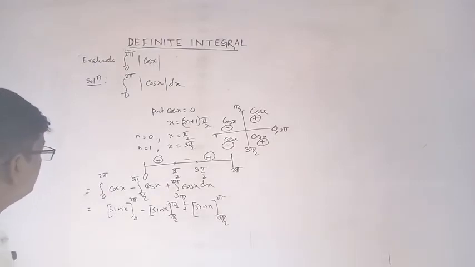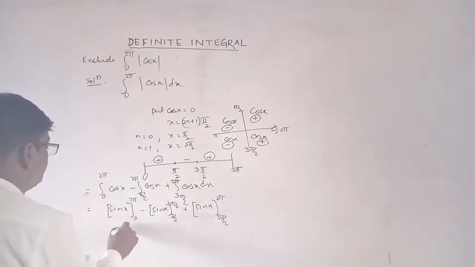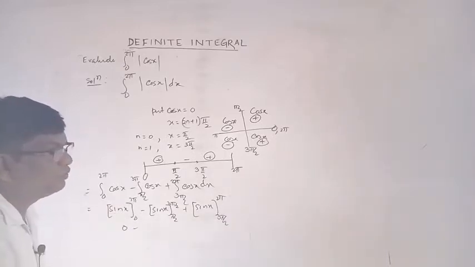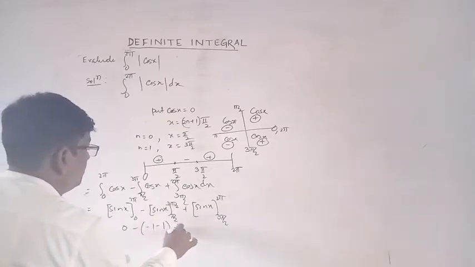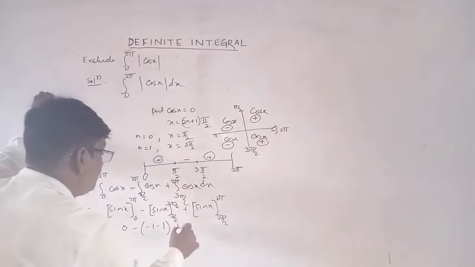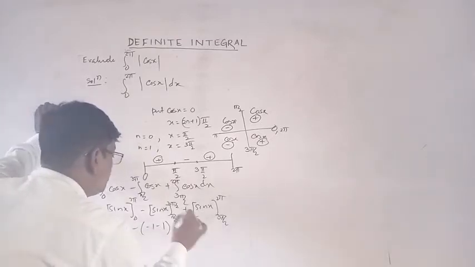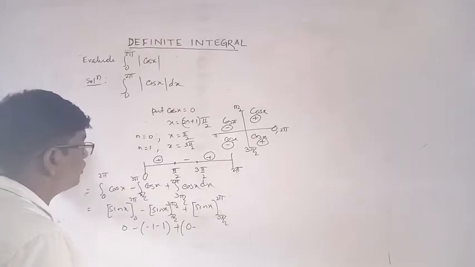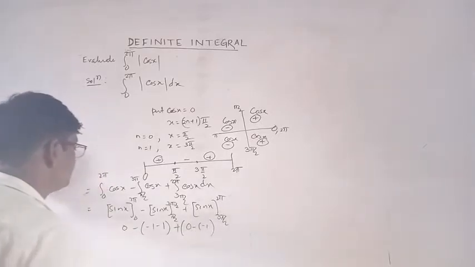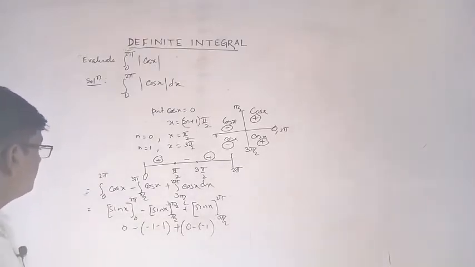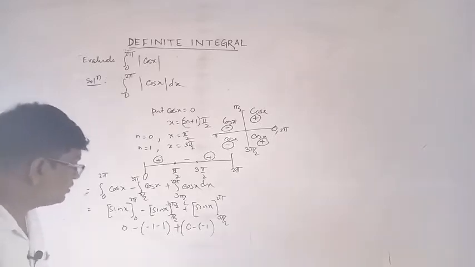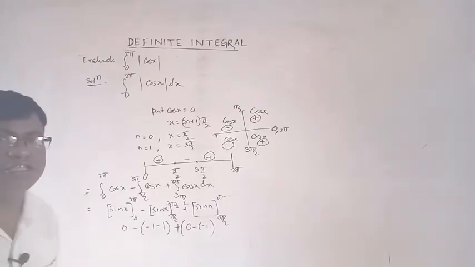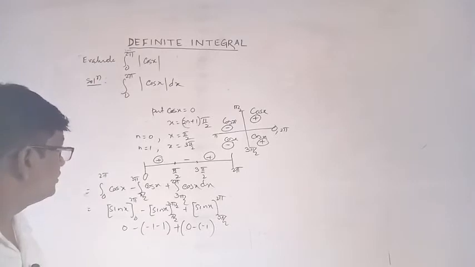Sin 2 pi is 0, sin 0 is 0, sin 3 pi by 2 is minus 1, sin pi by 2 is 1. Putting these values, we calculate the definite integral.